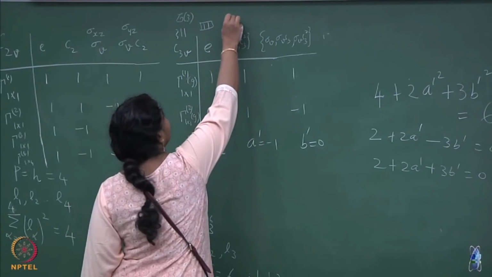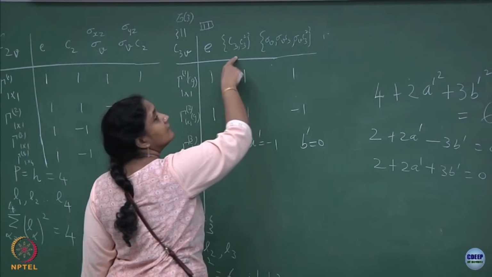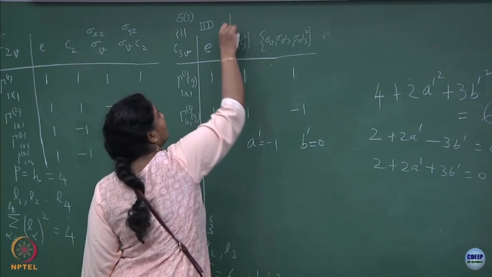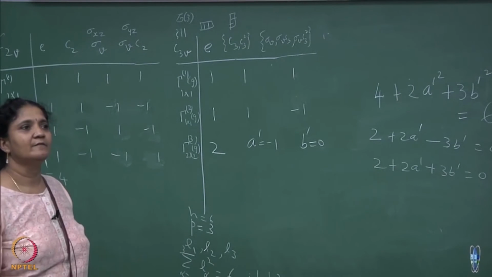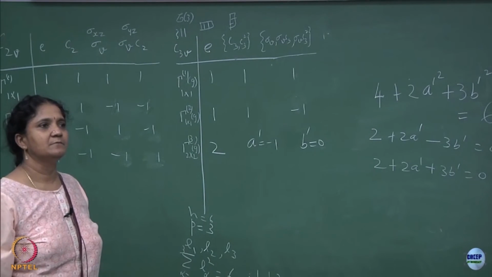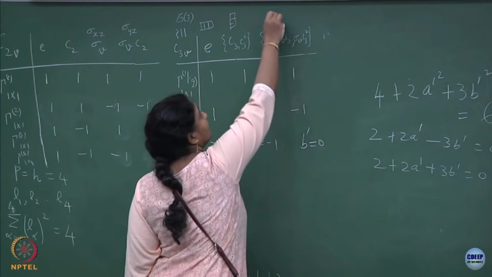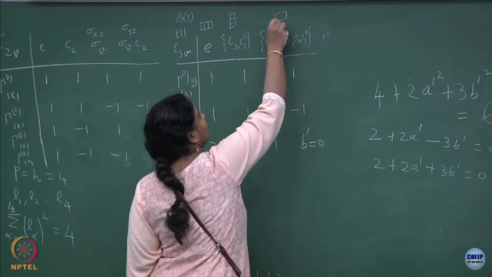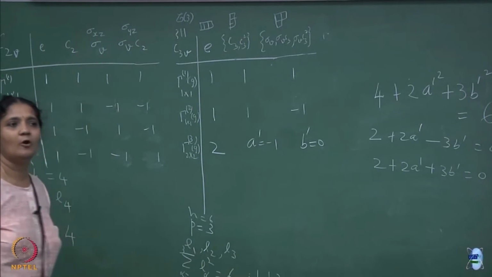This class has somebody, 1 3-cycle, am I right? Am I right? And this one is 1 1-cycle and 1 2-cycle. You are all with me?